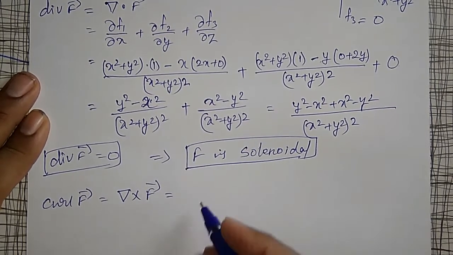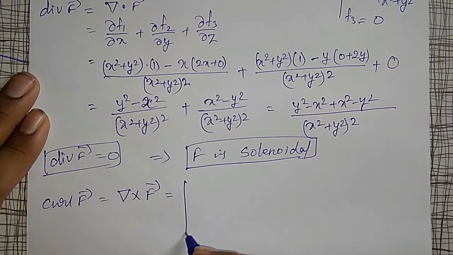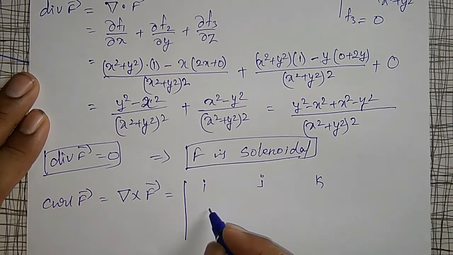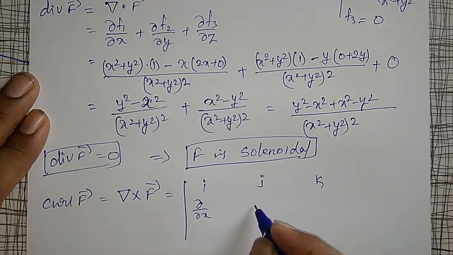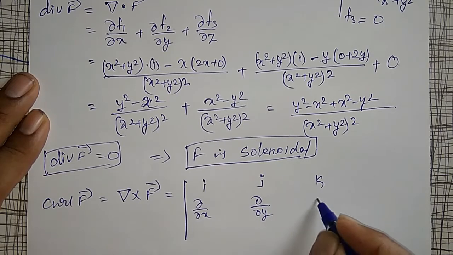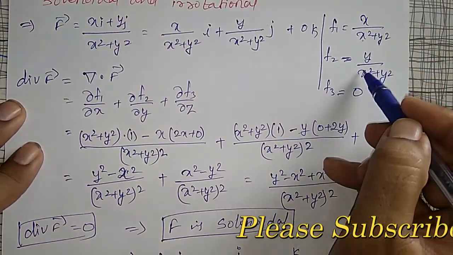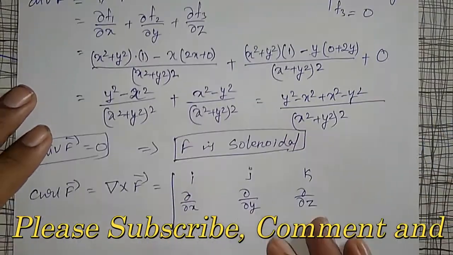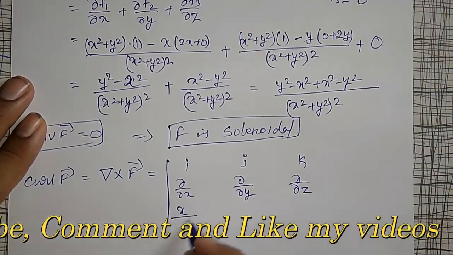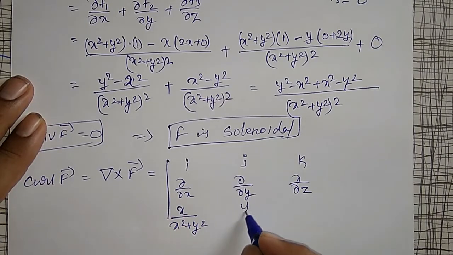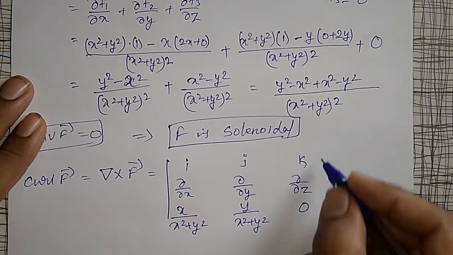The cross product is given by the determinant of i, j, k; second row elements are dou by dou x, dou by dou y, dou by dou z; and third row elements are f1, f2 and f3. f1 is x divided by x square plus y square, f2 is y divided by x square plus y square, and f3 is 0.